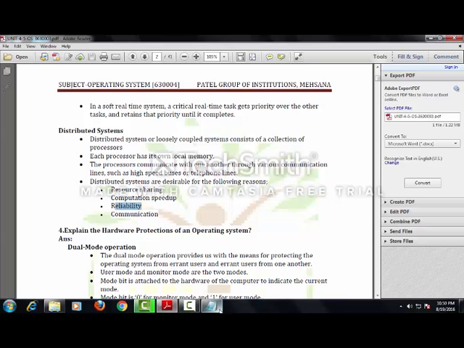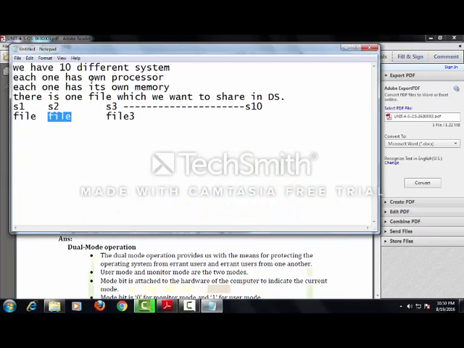Reliability, I mean to say that if one distributed system gets damaged, we can't say the servers S1 and S3 will not work properly, right? There is no harm, they will work properly. We can access our file from server 3, we can also access the file from server S1.